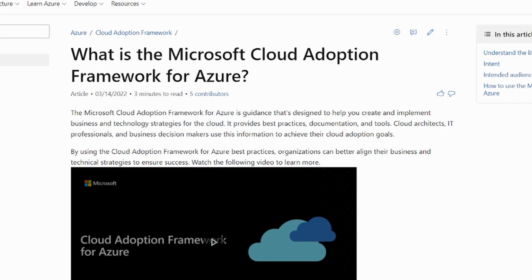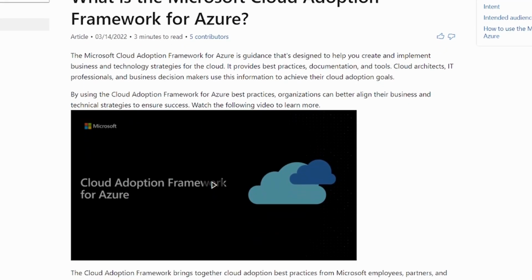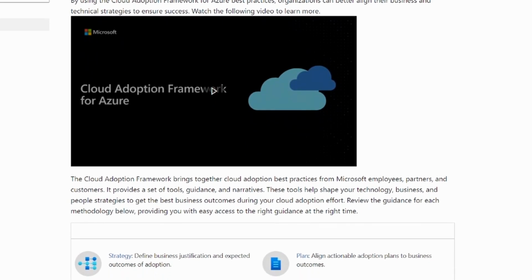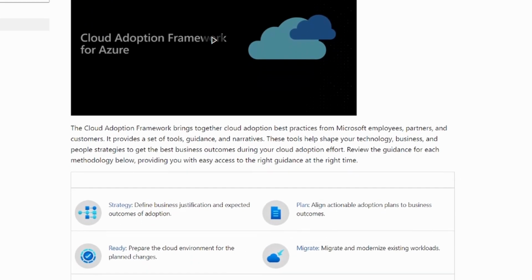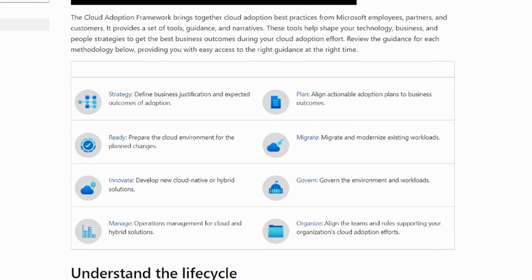So landing zones are a part of Microsoft's Cloud Adoption Framework, which in turn is a huge set of guidelines and best practices on how you should plan for and design an Azure environment, how to prepare the Azure environment, how to migrate there, how to govern, and so on and so on. And contrary to what you might think, this framework is not something that Microsoft has cooked up all by themselves.